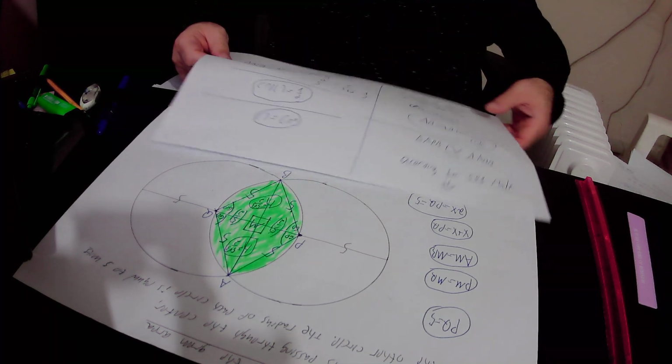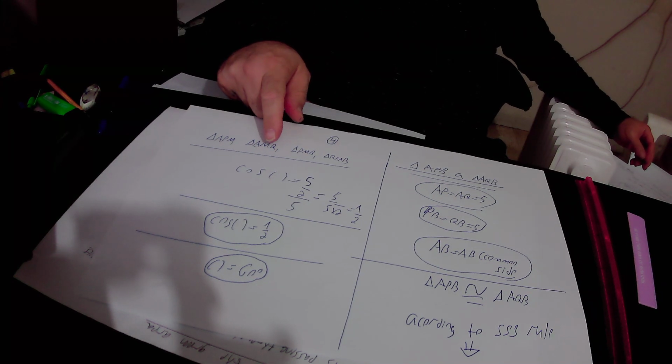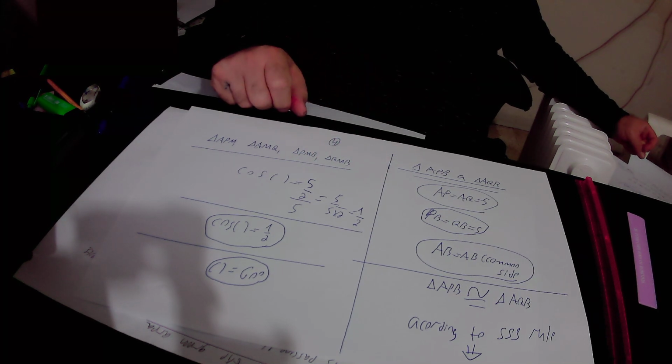So in those 4 triangles, the cosine of the 4 angles that I mentioned equals 5 over 2 over 5, and 5 over 2 over 5 is 1 over 2.